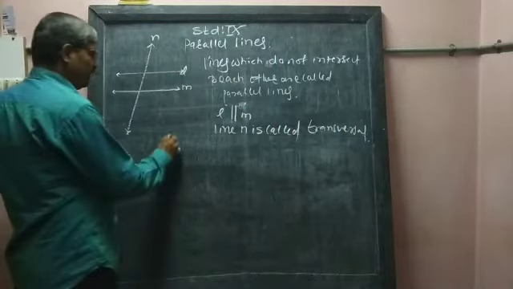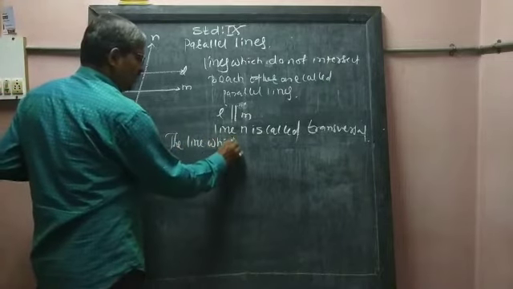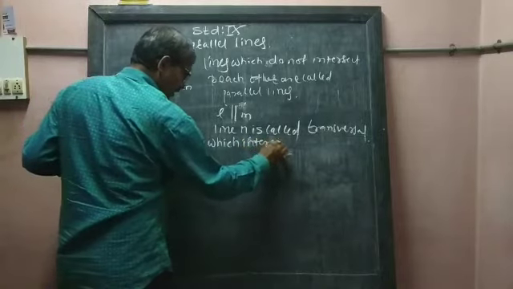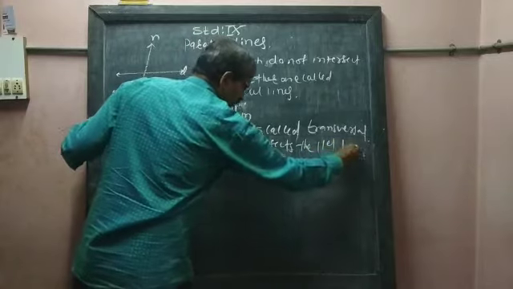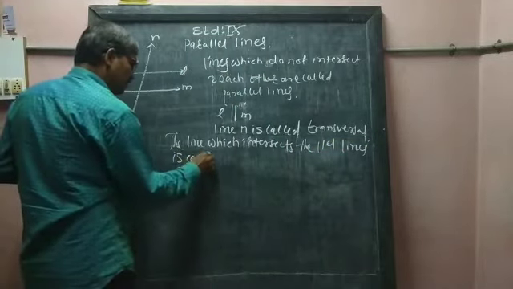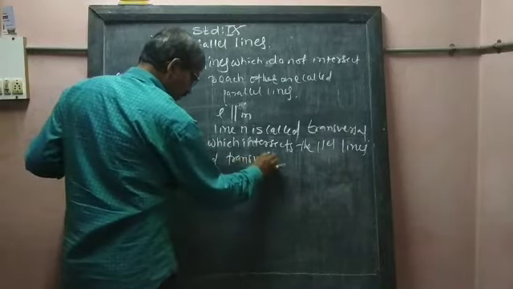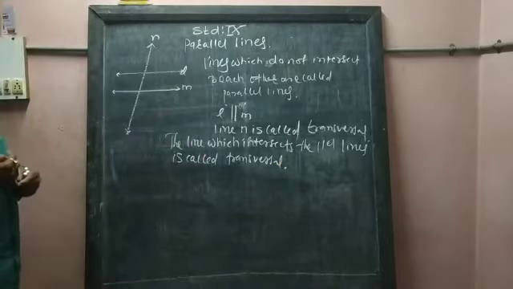The line which intersects the parallel lines is called a transversal. So here line N is called a transversal.